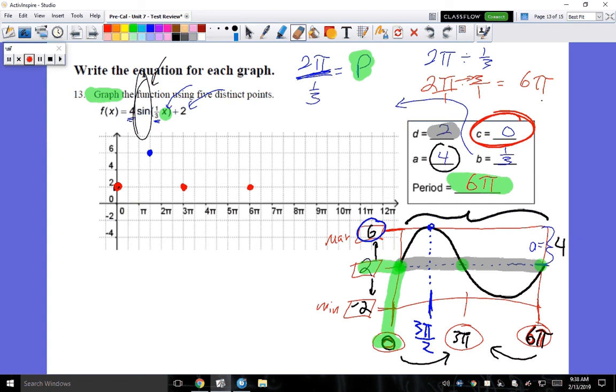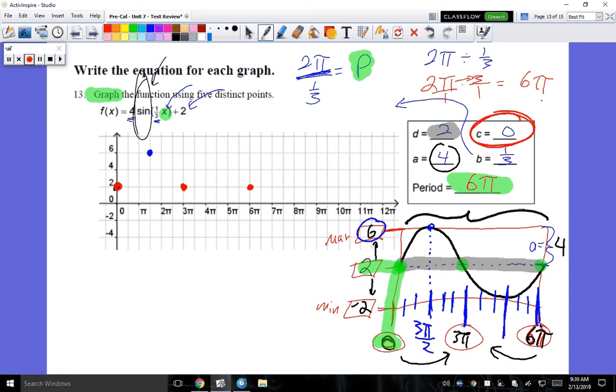Okay? Now, counting in pi over 2 units: 1, 2, 3 pi over 2. 4, 5, 6 pi over 2. 7, 8, 9 pi over 2. 10, 11, 12 pi over 2.